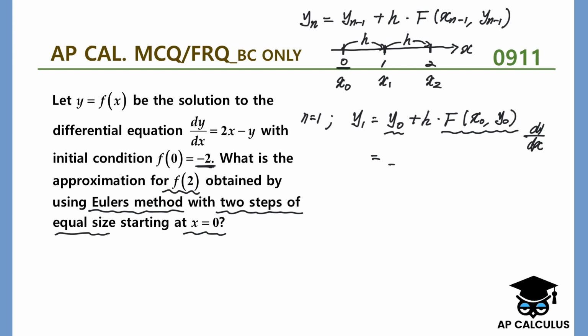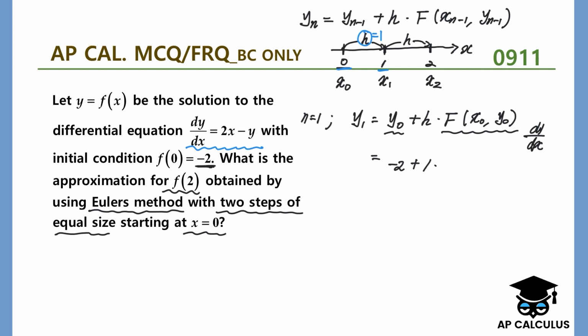So that's negative 2 plus step size h equal to 1, right? From here to here, that's 1. So 1 times the slope dy over dx. The slope is 2x minus y, right?